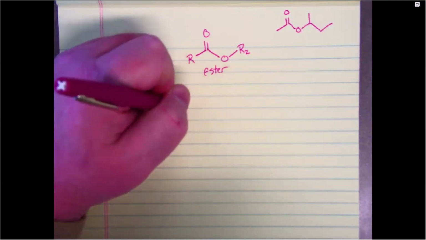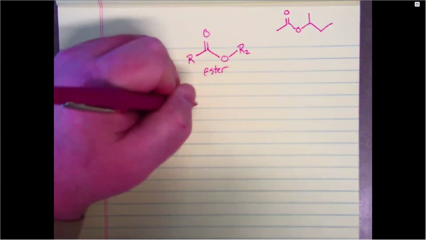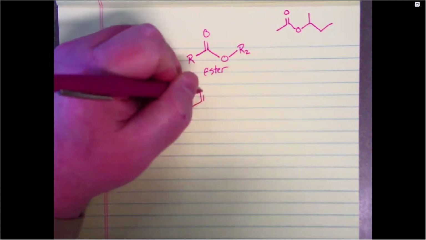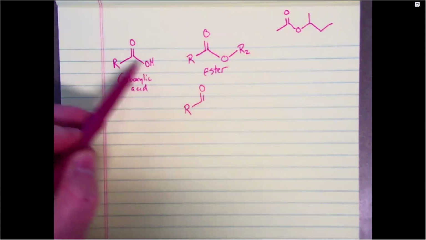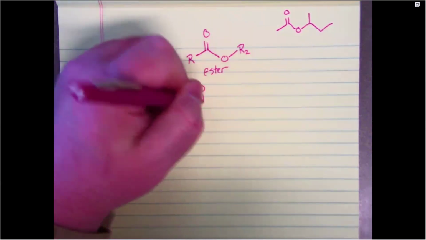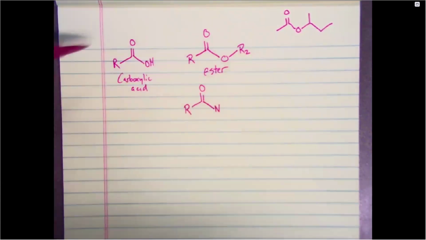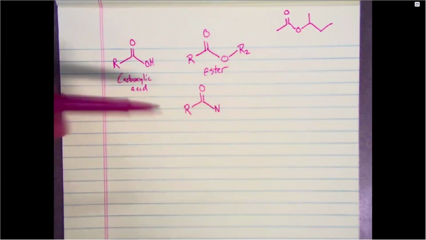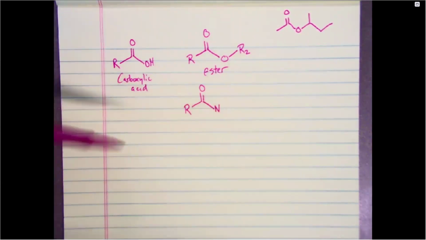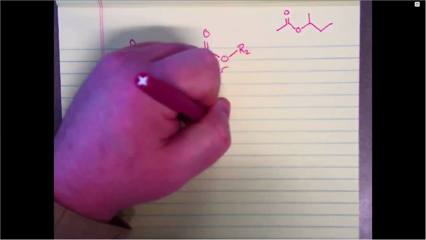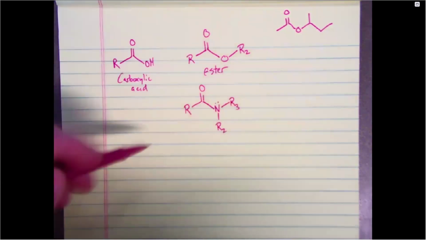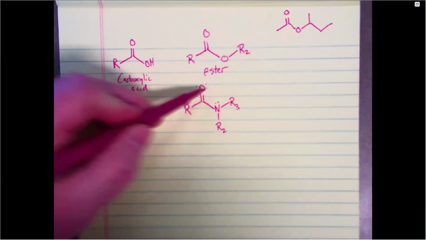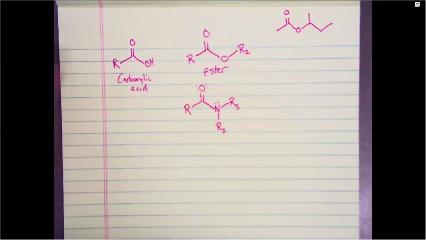Another one of our functional groups that look a lot like carboxylic acids replaces the oxygen bound to that carbonyl group with a nitrogen instead. These are a little harder because the other things bound to this nitrogen can vary. These other groups, R2 and R3, could be carbon-based groups, or they could be hydrogens.